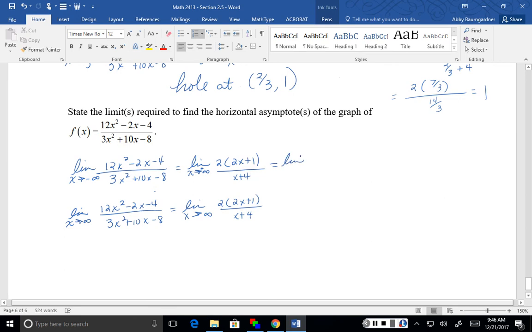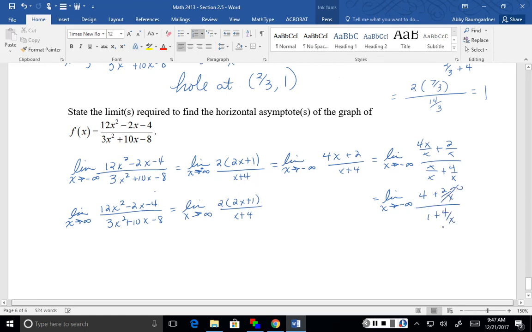If you were to continue on with this to actually show the work, you would divide everything by the biggest variable in the denominator. This goes to 0, this goes to 0. 4 divided by 1 is 4.